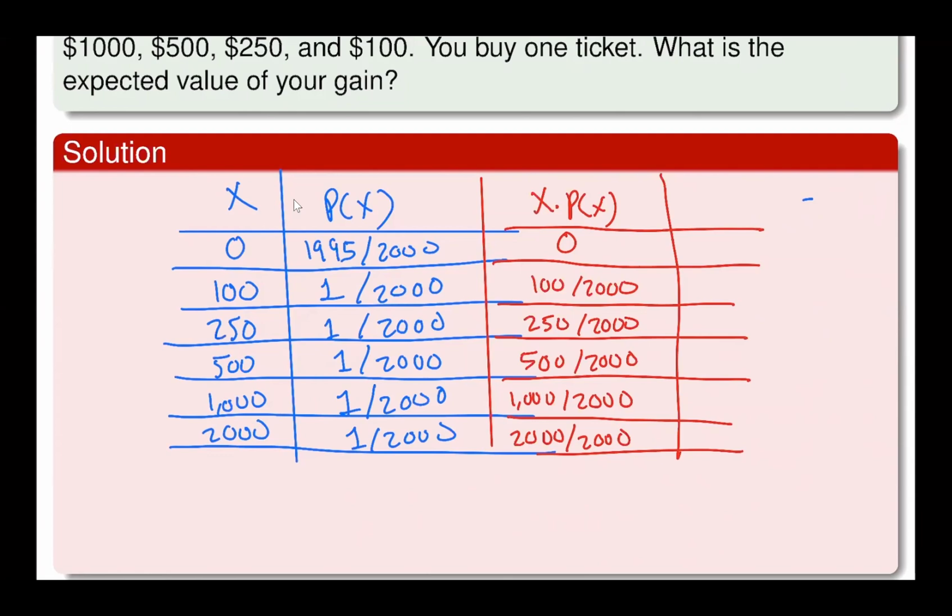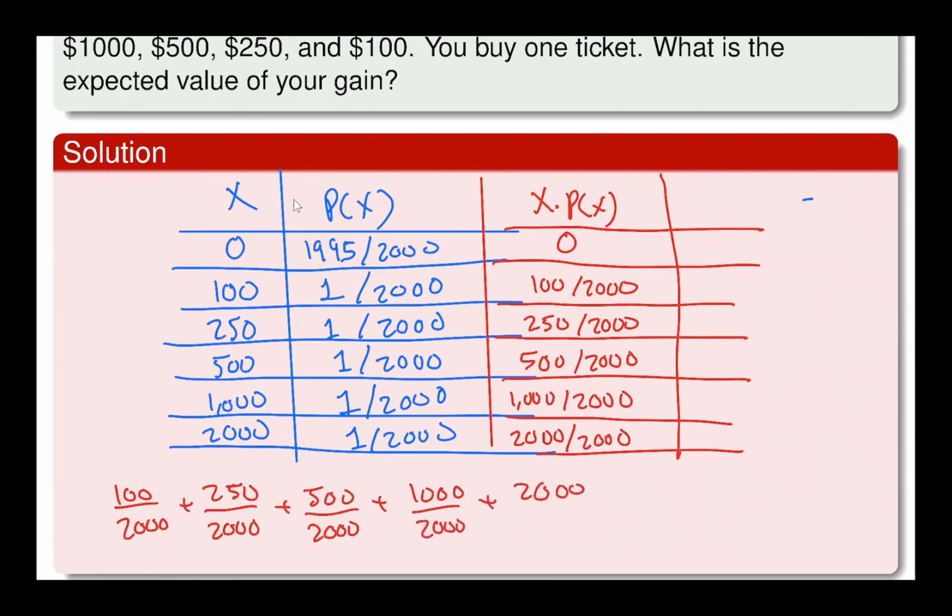Yes. All right. So then what you want to do with those fractions is add them all up. So you do 100 divided by 2,000 plus 250 divided by 2,000 plus 500 divided by 2,000 plus 1,000 divided by 2,000 plus 2,000 divided by 2,000.